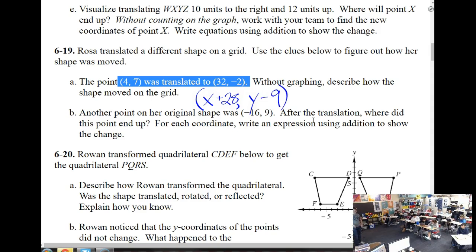We can then use that to move our new point. So with that -16, we're going to add 28 to it. With the positive 9, we're going to take 9 away from it, making the new point, which we would call the prime point, or we just rename it with something else, becomes 12, 0.